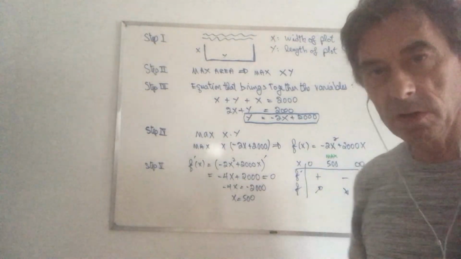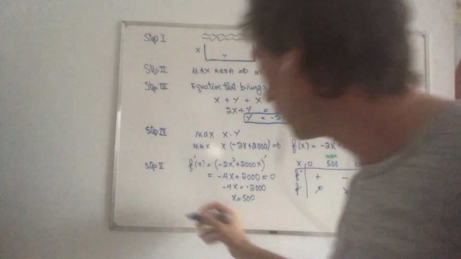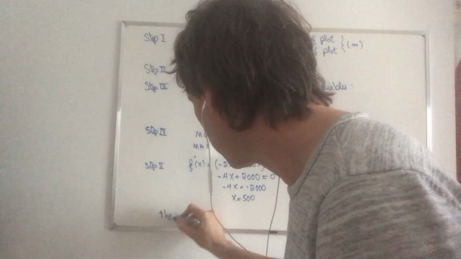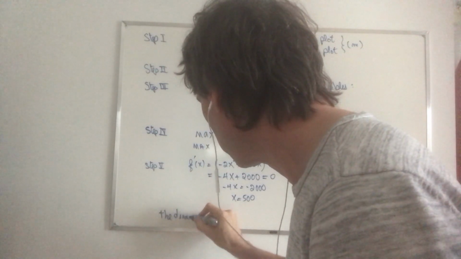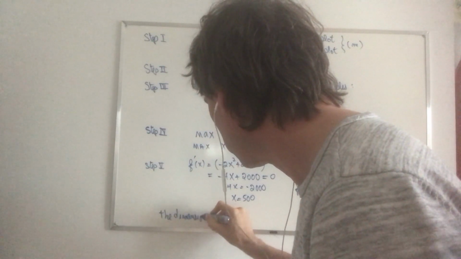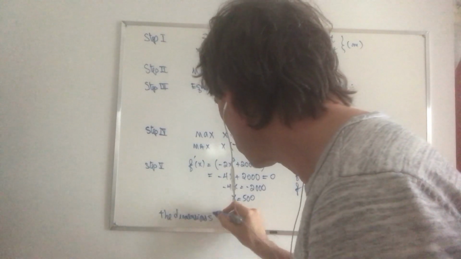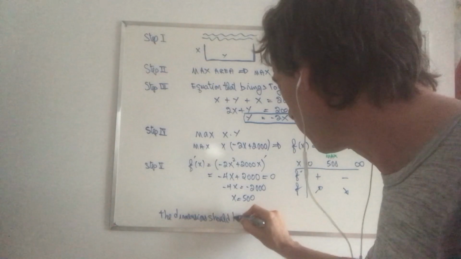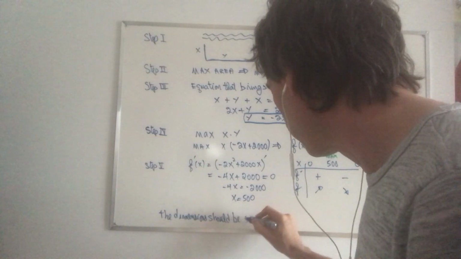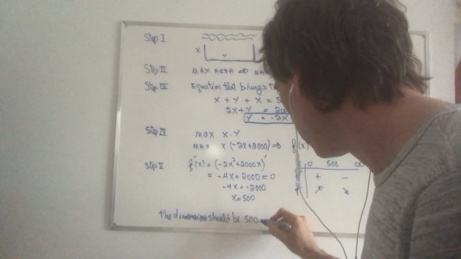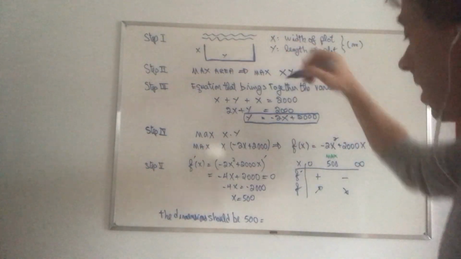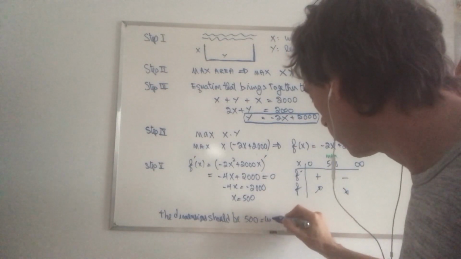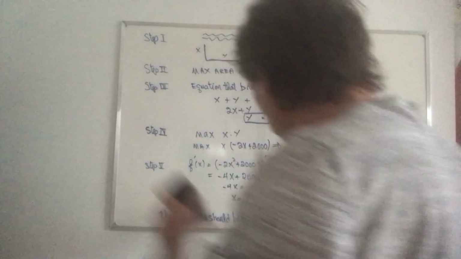Now it's just a matter of concluding. So the dimensions should be, to get the maximum possible area, 500 equal to x, my width. Hold on, I can do better than this.